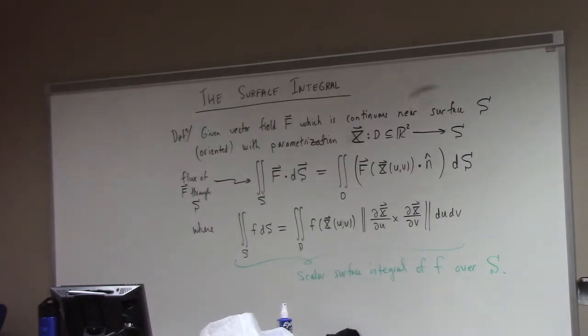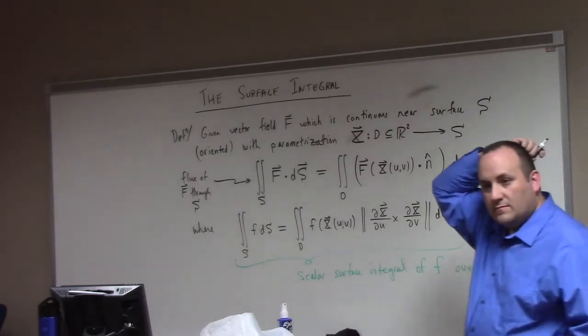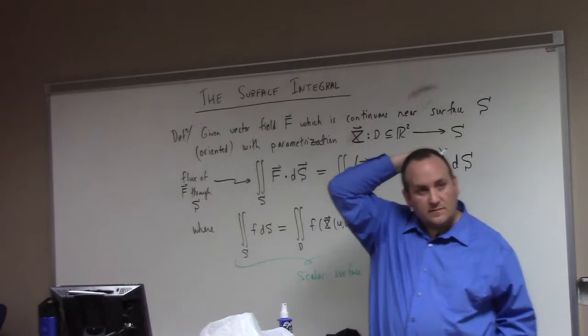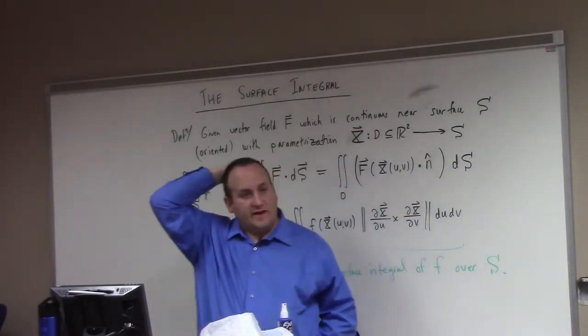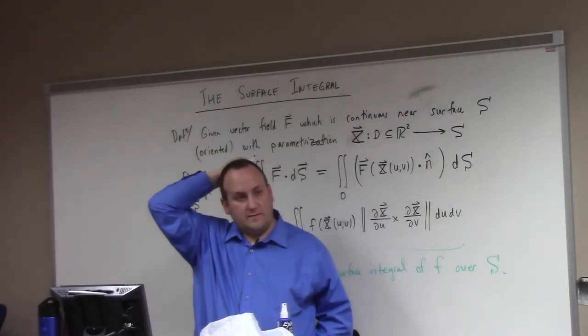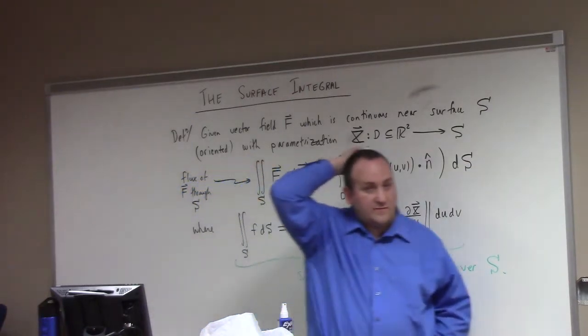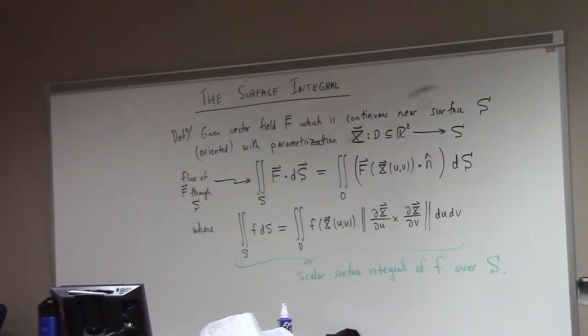The integral over the surface of 1 times dS would be the integral over the domain of the length of partial X, partial u cross partial X, partial v, du dv. What's this a formula for? What do you think the integral of 1 dS should mean? The integral of little ds over the curve was arc length, right? So this should be the surface area of S.